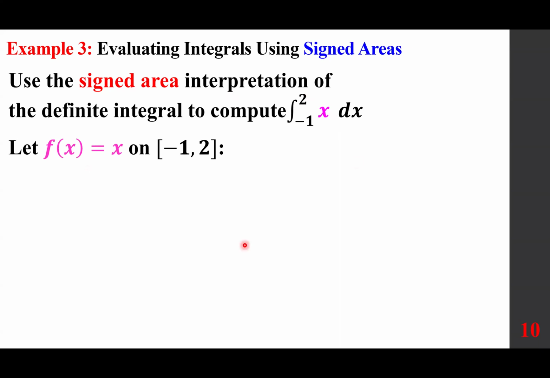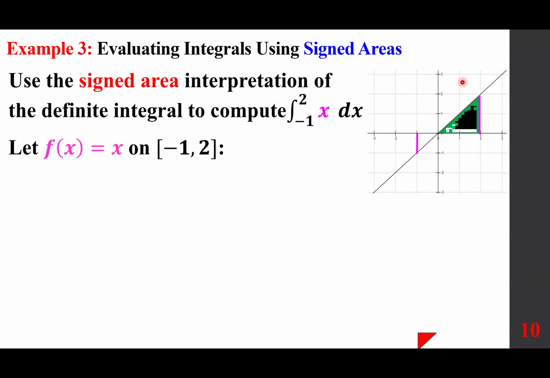You know this one is a line through the origin. So we want to go from -1 to 2.